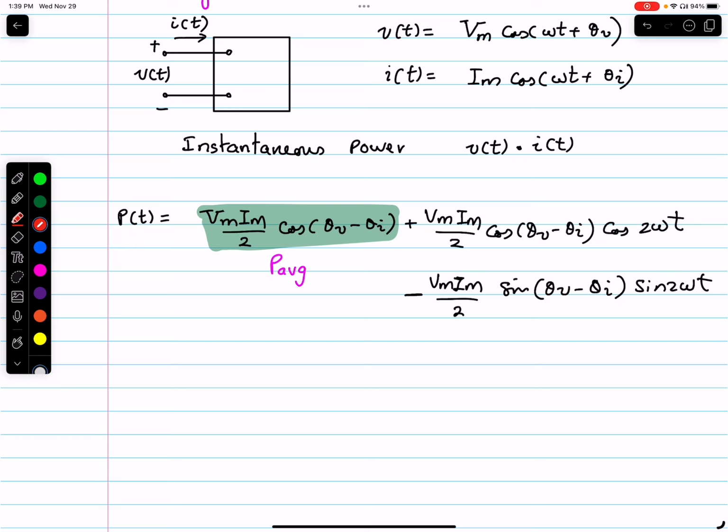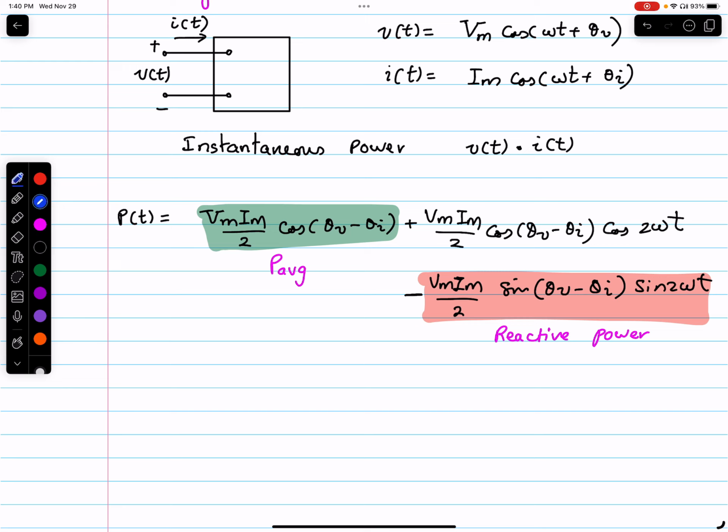This component is called the reactive power. Okay, this is called the reactive power component. Now, pretty simple, and then we went on to writing this in a more concise manner.